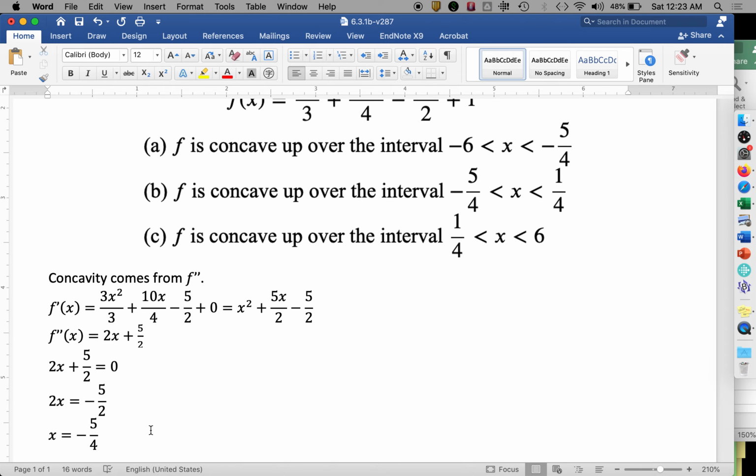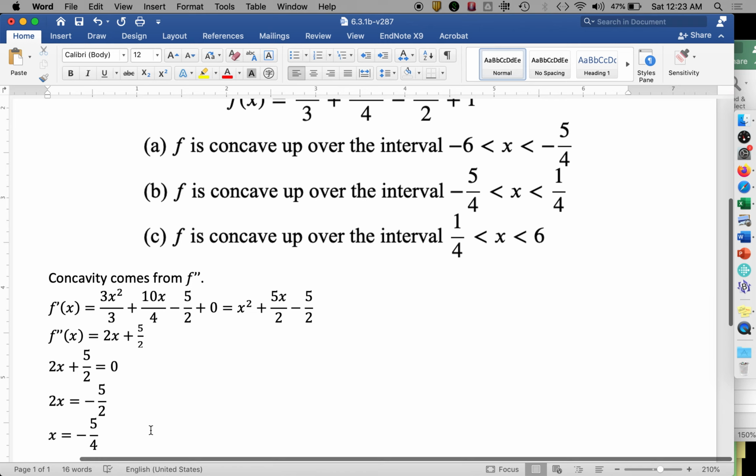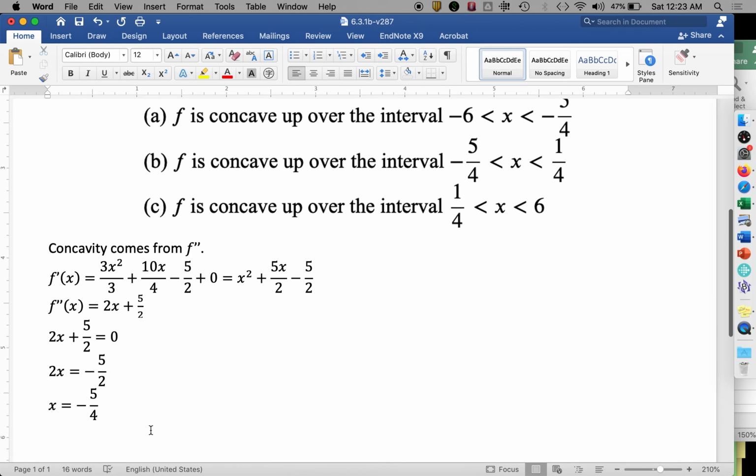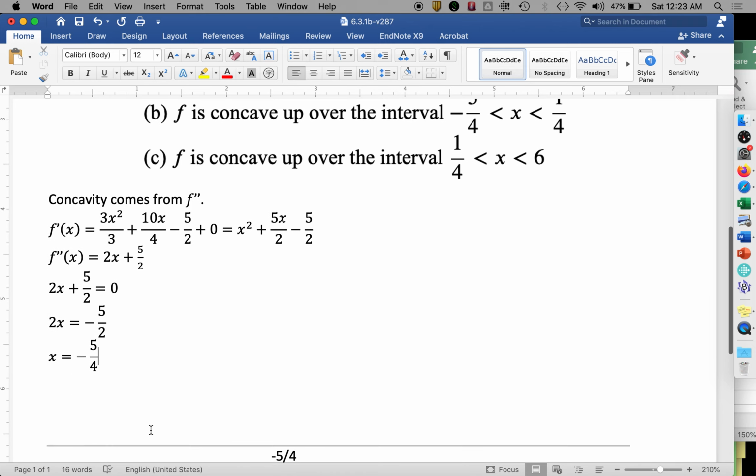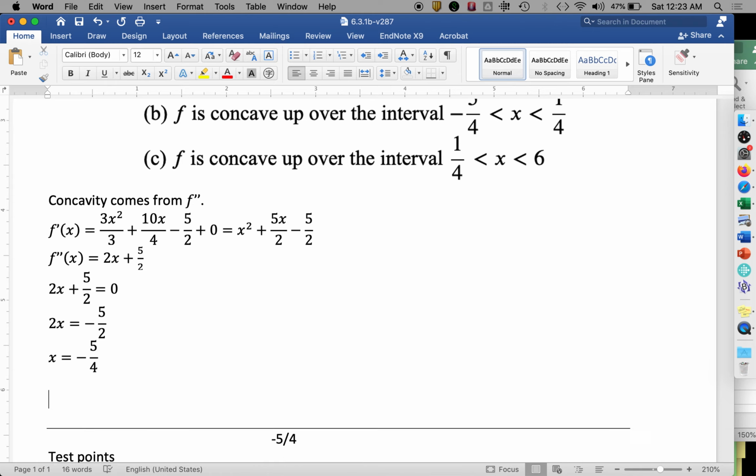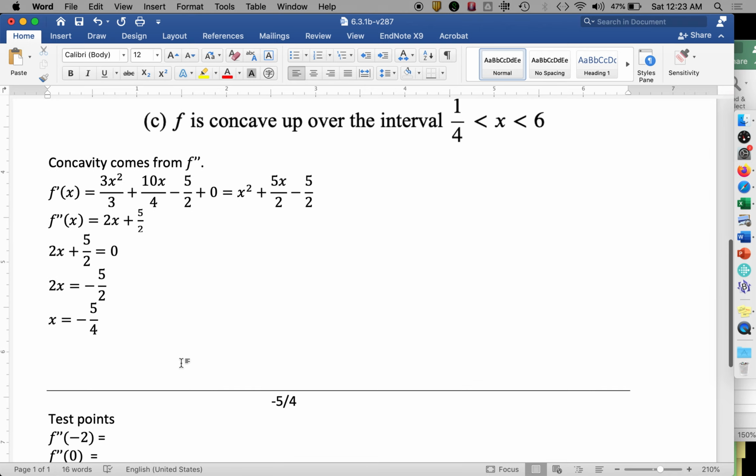All right, so to test the concavity around it, I want to pick test points. Okay, so I usually slap that number onto a number line. So I put my negative 5/4 onto a number line. And then I wanted to do test points around it. So to the left of it, because negative 5/4 is exactly negative 1.25, I picked negative 2 on the left of it, and I picked 0 on the right of it.